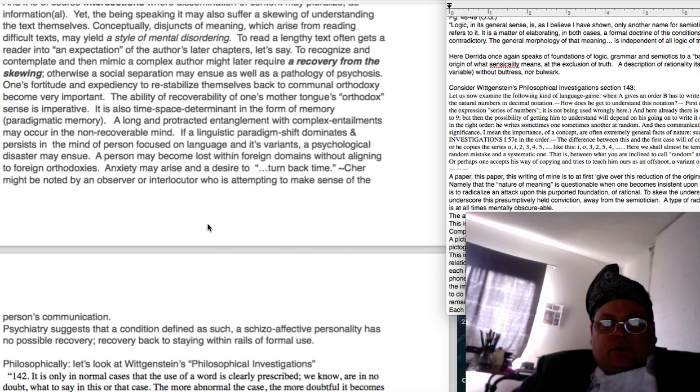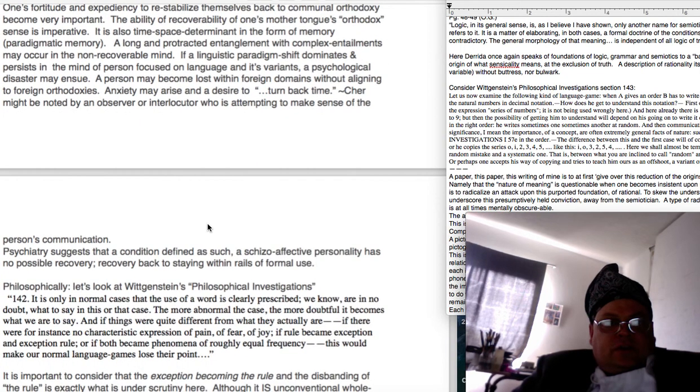If a linguistic paradigm shift dominates and persists in the mind of a person focused on language and its variants, a psychological disaster may ensue. A person may become lost within foreign domains without aligning to foreign orthodoxies.